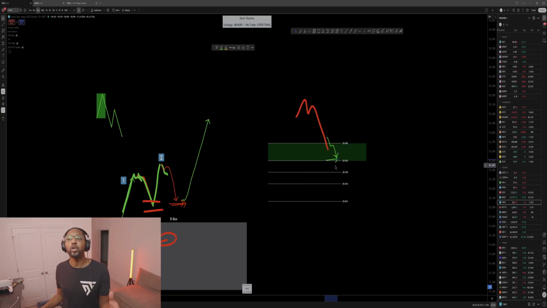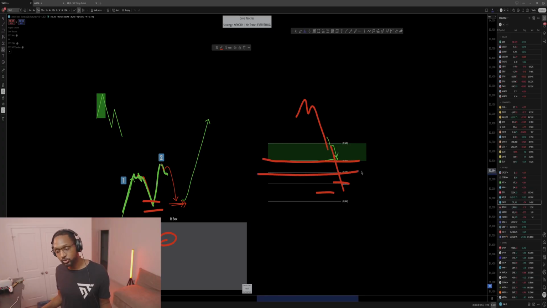No, that's 30% from the high to here. If it was 70%, it would be lower down here, right? So what you need to understand is that the first level that you encounter is always going to be the 30%. The middle level that you encounter is always going to be the 50%. The third level that you encounter is always going to be the 70%, right?